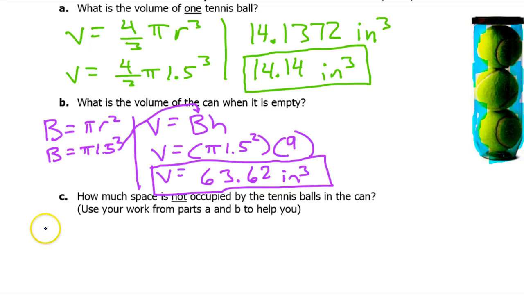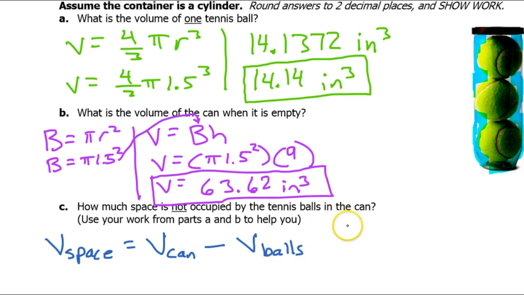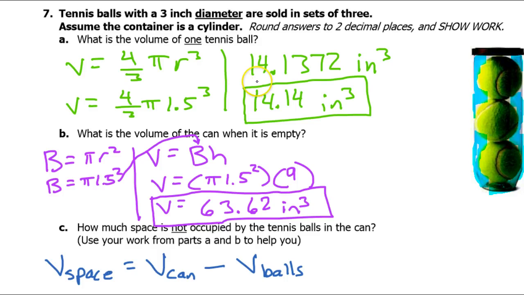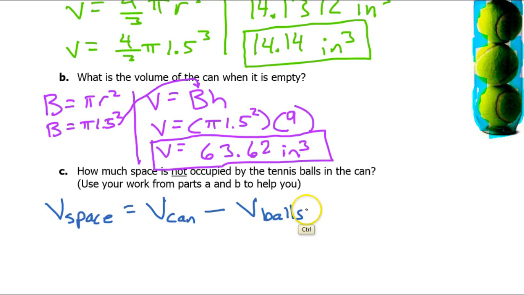The volume of the space is going to equal the volume of the can minus the volume of the tennis balls. Now remember, a minute ago we found the volume of one tennis ball, but we need to subtract the volume of all 3 tennis balls if I want to know the leftover space. So just keep that in mind, 3 of them.